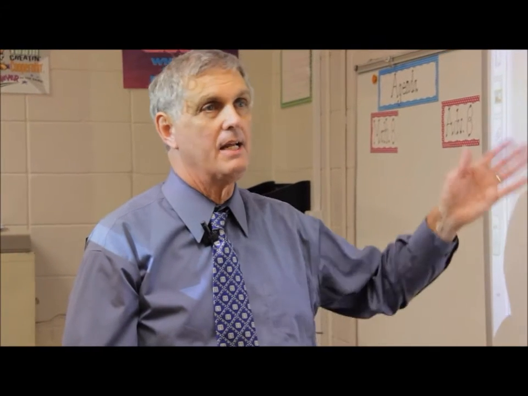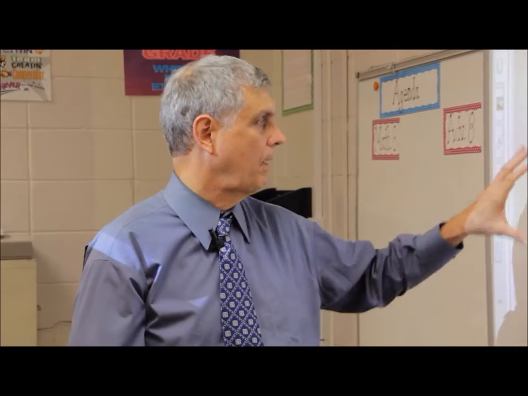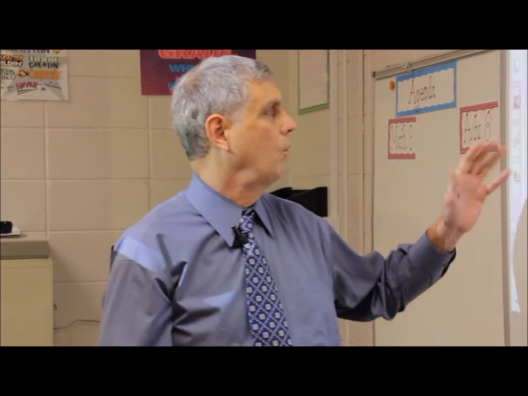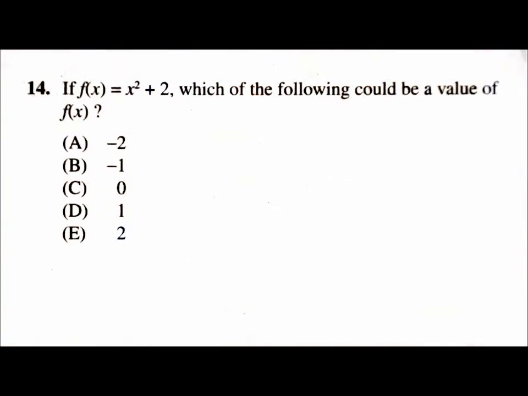So what they're wanting you to do here, rather than plug in, these being inputs, they want to know what's the possible output. So right away, when you see x squared, you know that, let's take the smaller of the two here, minus 1. If I square minus 1, I'm going to get a plus 1, I'm going to get a 3. That number is larger than anything here. If I put a minus 2 in, it's still going to be a number larger than anything I have here.